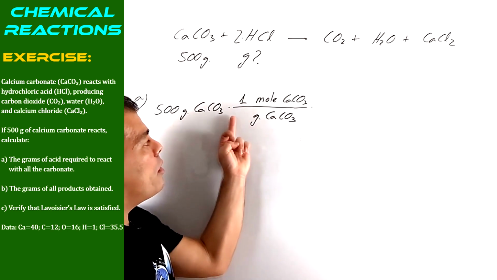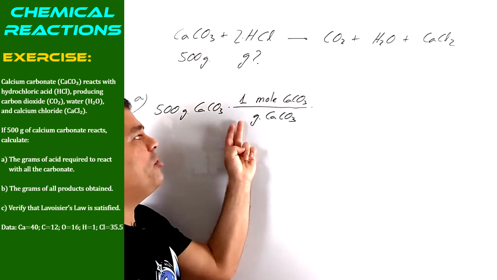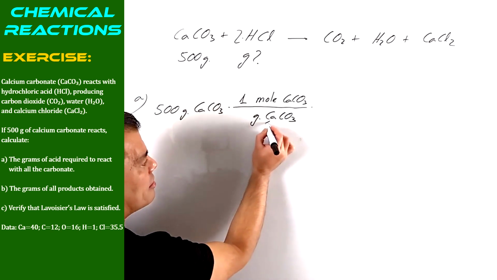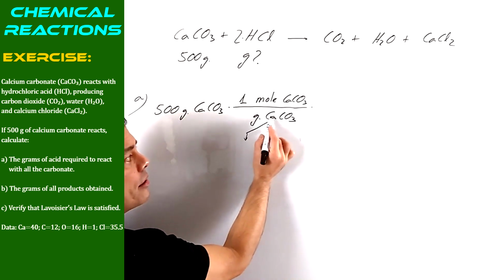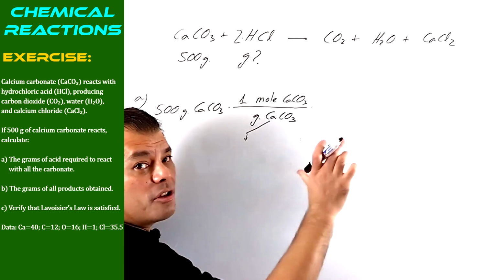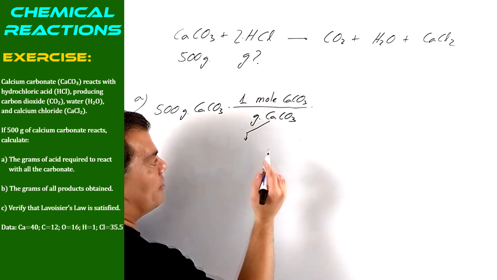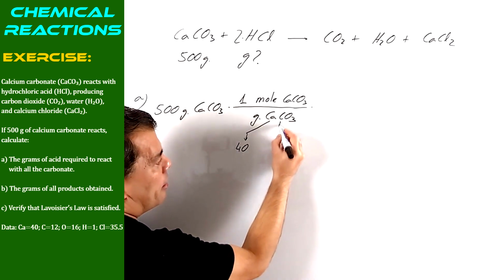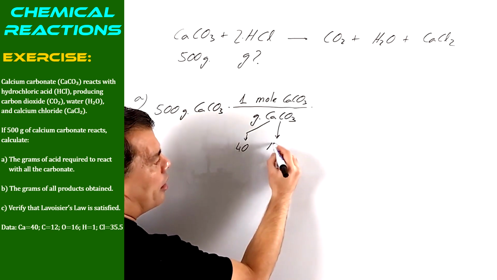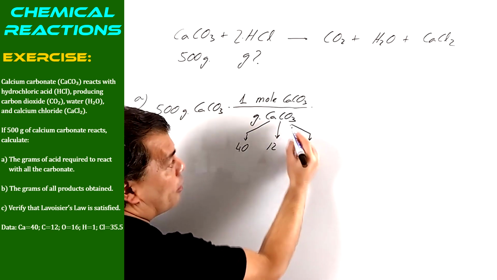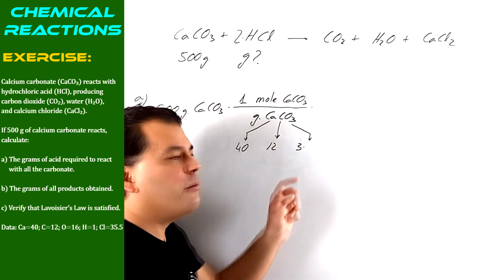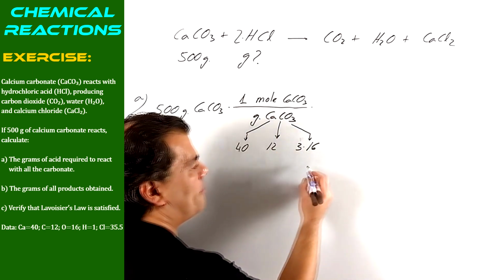But which one is the number that we shall put here? Very easy. Just let's add the mass numbers of these atoms, which you can read them in the statement. Calcium atom, 40. Carbon atom, 12. And 3 oxygen atoms, so 3 multiplied by 16.